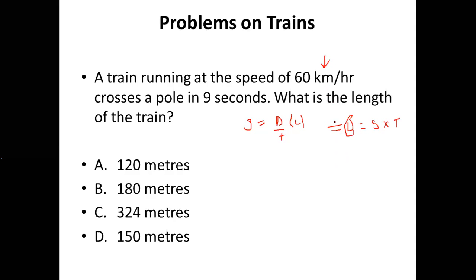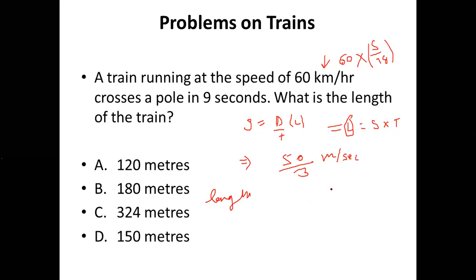So we need to convert into meter per second, so that you all know, multiplied by 5 by 18. So that is the conversion method first we have to do. So how much we will get from here, that will be 50 by 3, and it is meter per second, right?